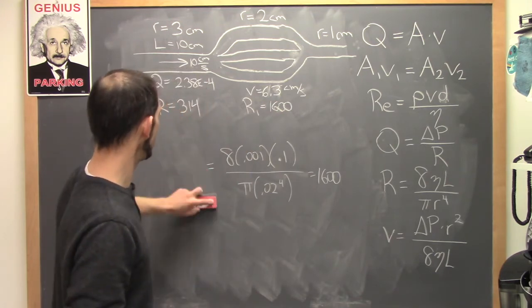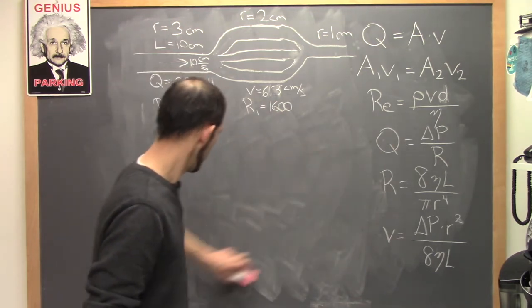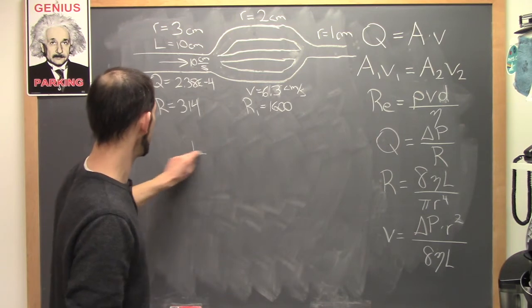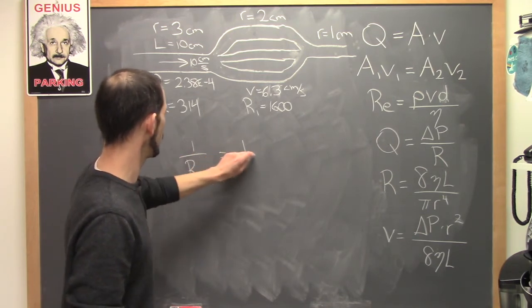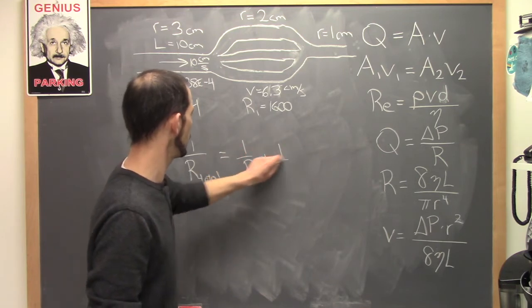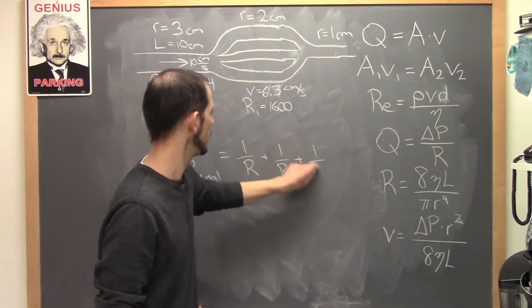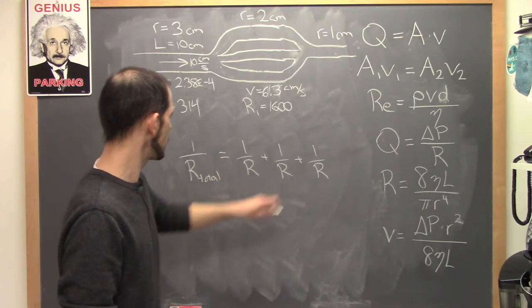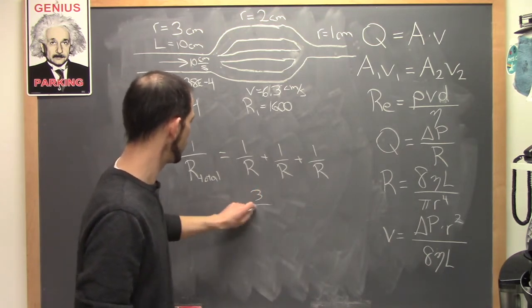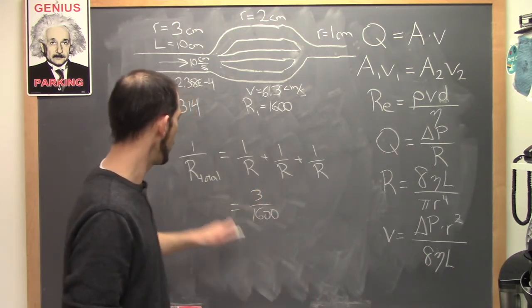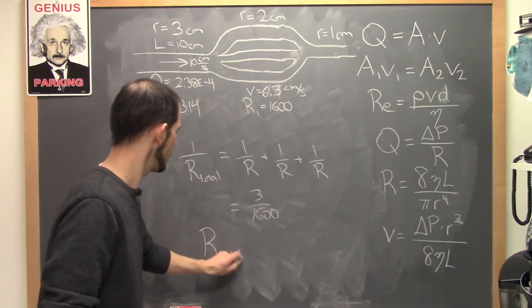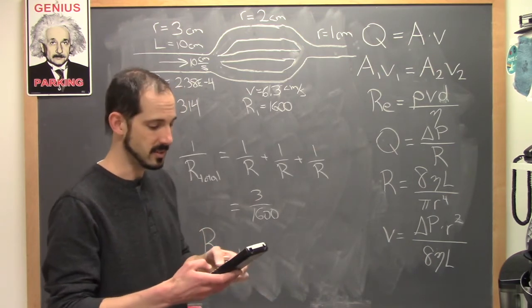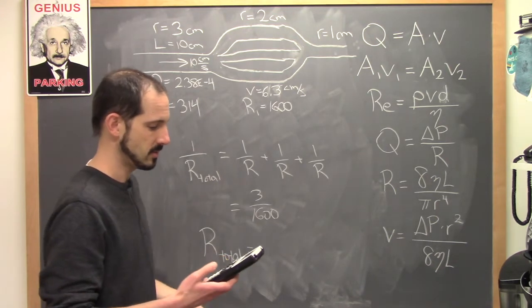So we actually need to do this 1 over R idea. So 1 over R total in that section is going to be equal to 1 over R1 plus 1 over R1 plus 1 over R1. So that's 3 of them, 3 over 1600. And then the new R total for that whole section is going to have to be something less, well, 1600 over 3. So 533.